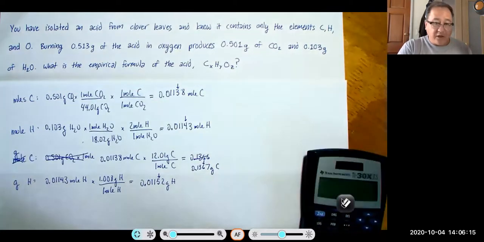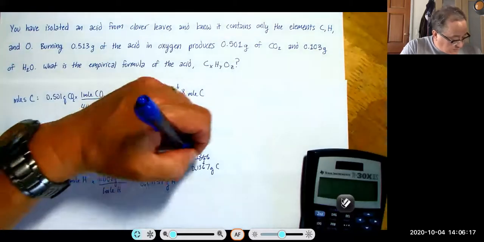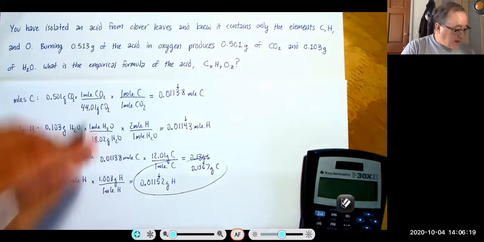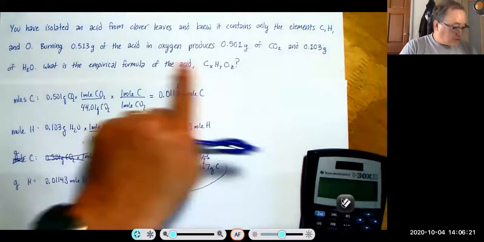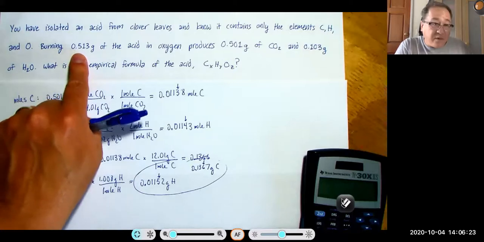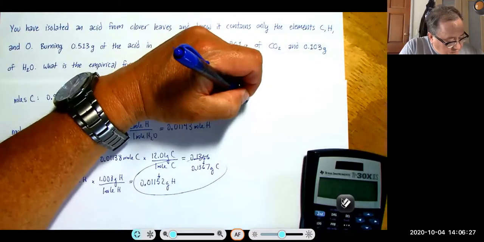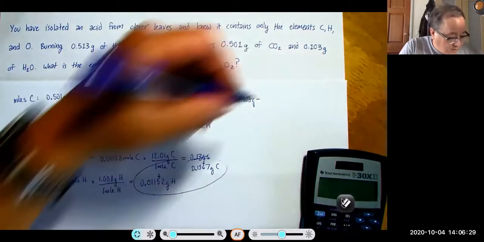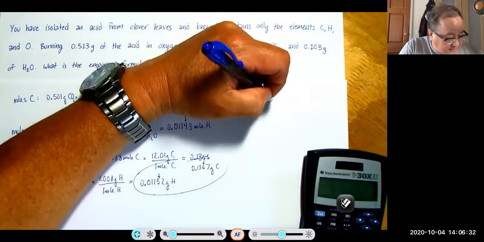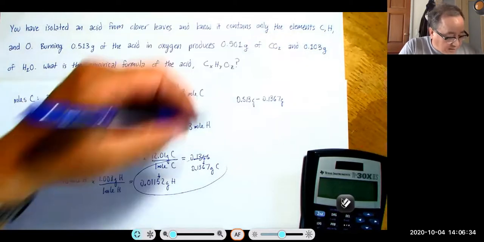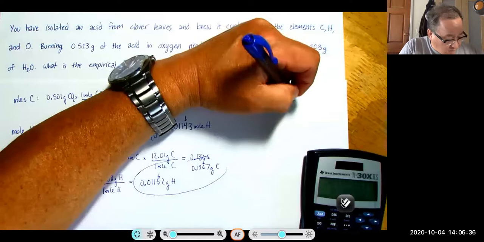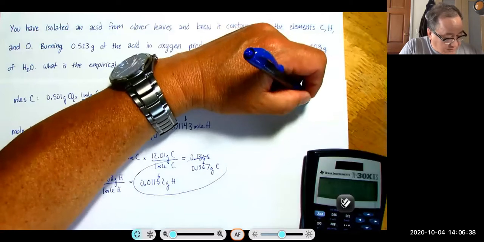Okay, so now I'm going to take these two numbers, and I'm going to take the mass of the substance, which is 0.513 grams, and I'm going to subtract from that 0.1367 grams, and subtract from that also 0.01152 grams.